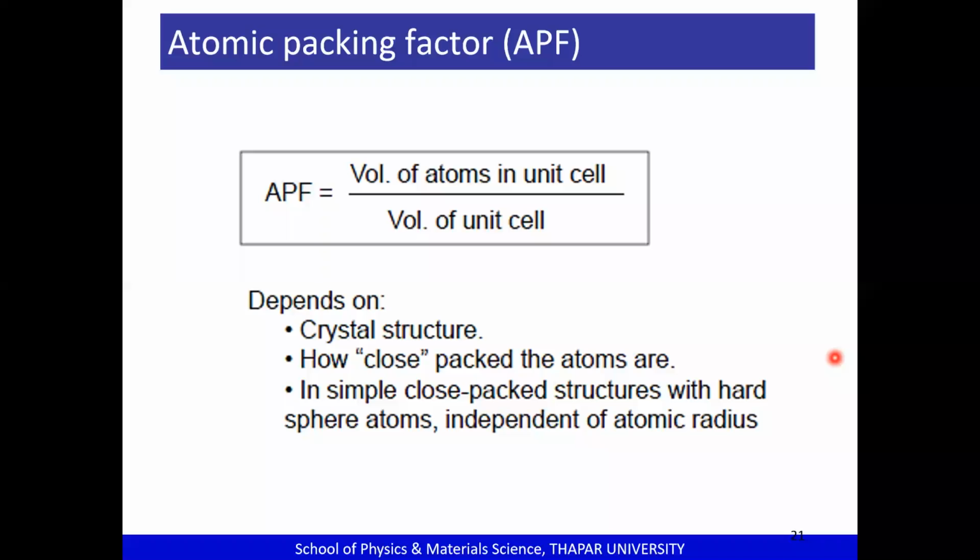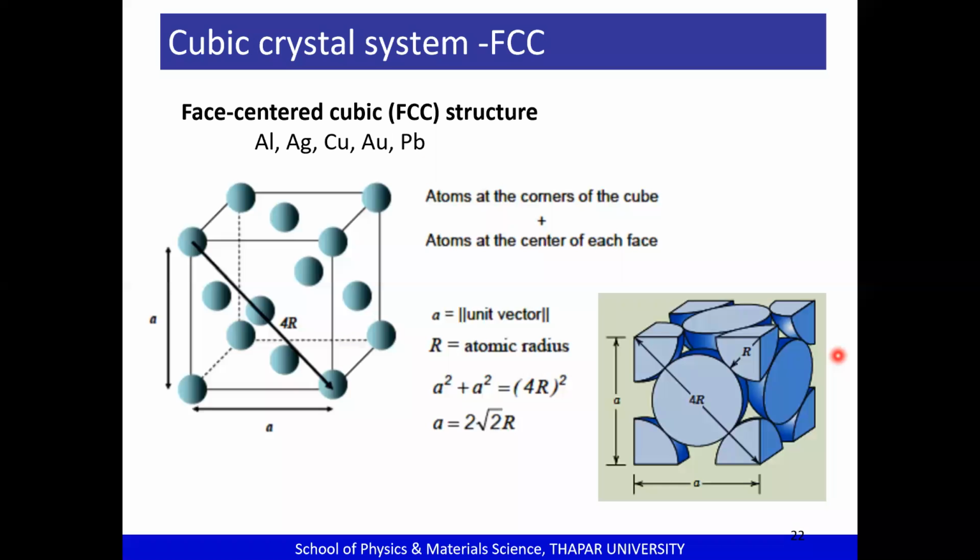Yesterday we also understood the coordination number and the APF for the face-centered cubic structure. Amongst the cubic class, FCC is very, very important. Many important metals like aluminum, silver, gold, lead crystallize in this unit cell category. So we know how the FCC structure looks.